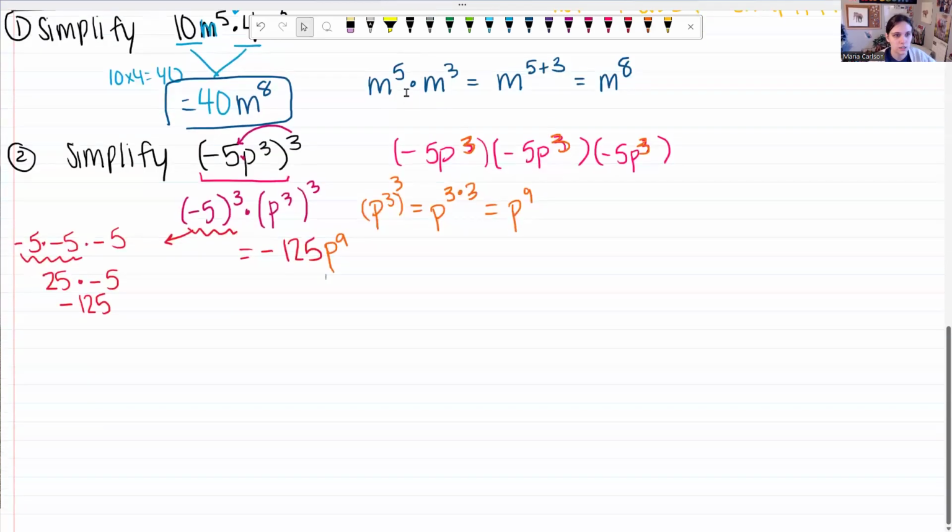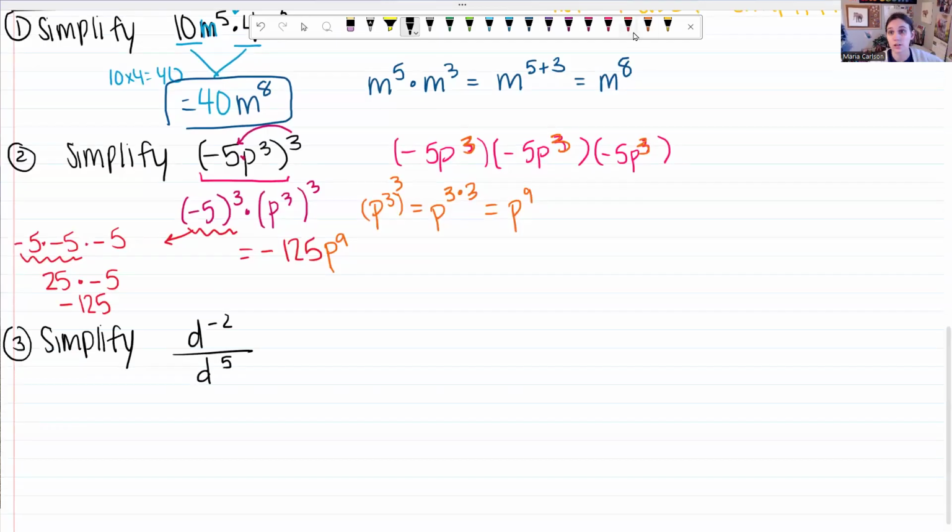All right. Number 3. We're going to simplify d to the negative 2 power over d to the 5th power. And I want y'all to know that when I see this, that negative 2 makes me want to flip it.